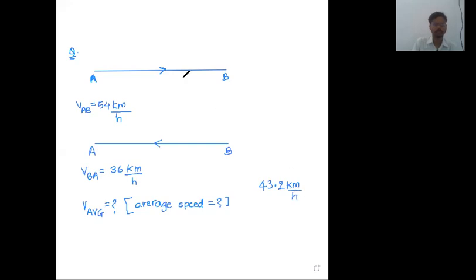Okay, let's cross check this answer. Devashish has given the same answer.